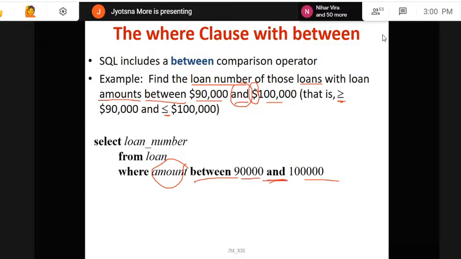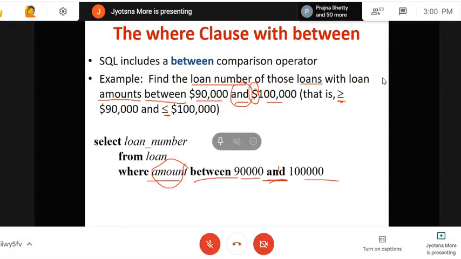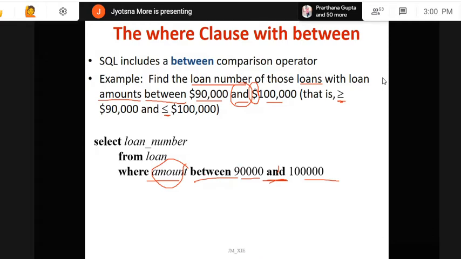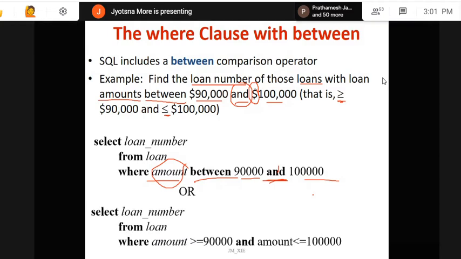Sometimes students forget to write it and just use a comma, which is wrong, and you will not get your result. Always write the attribute name you are going to compare, then between, the initial value and the last value.